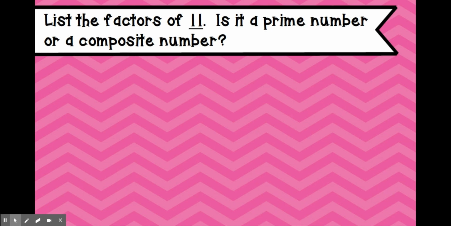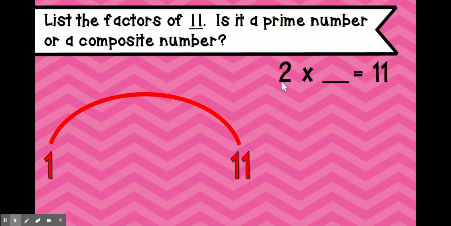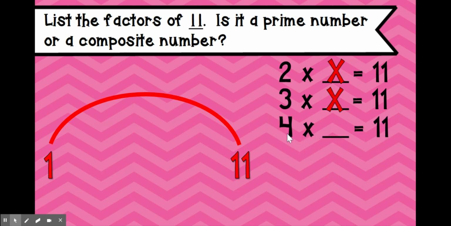So let's list the factors of 11. Is it a prime number or a composite number? Okay, we're going to start off with the factors of 1 and itself. Okay, 2 times what will equal 11? Is there a number times 2 that would equal 11? No, there is not. How about 3? 3 times what will equal 11? No, there is no number. Is there a number 4 times something that will equal 11?